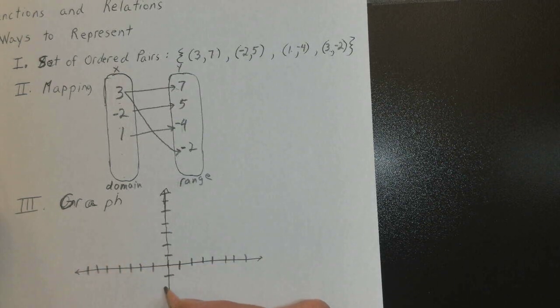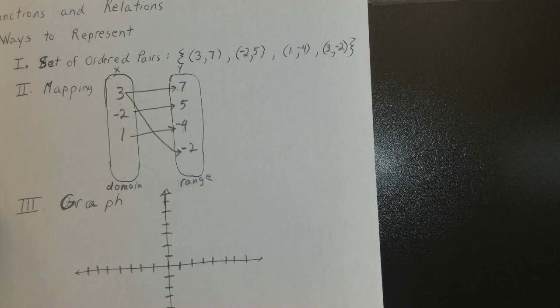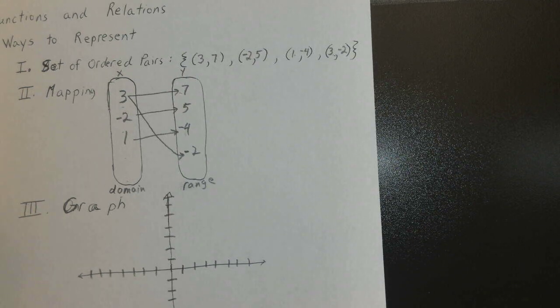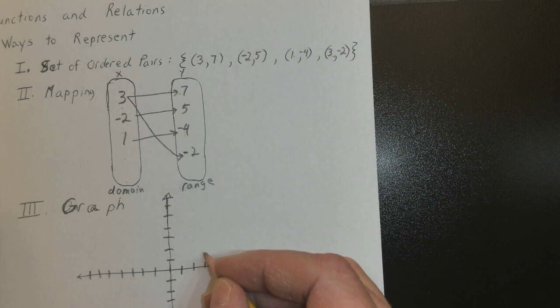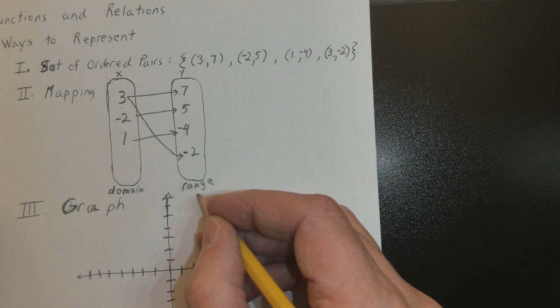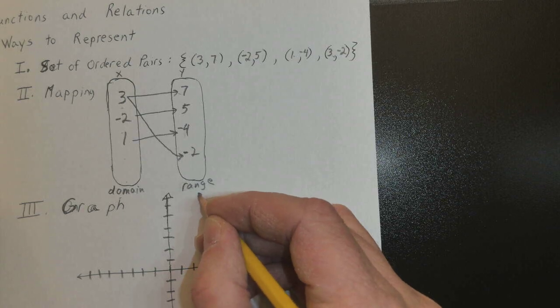All right, go ahead and work without me if you're familiar with graphing, which I think you are. So 3, 4, 5. (3, 7) is right here.